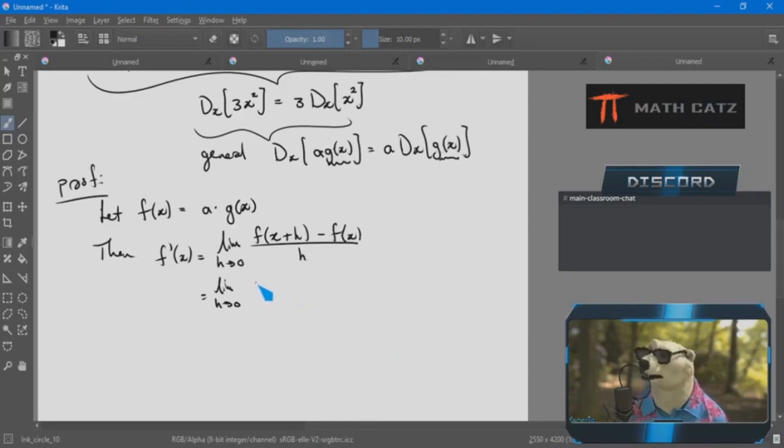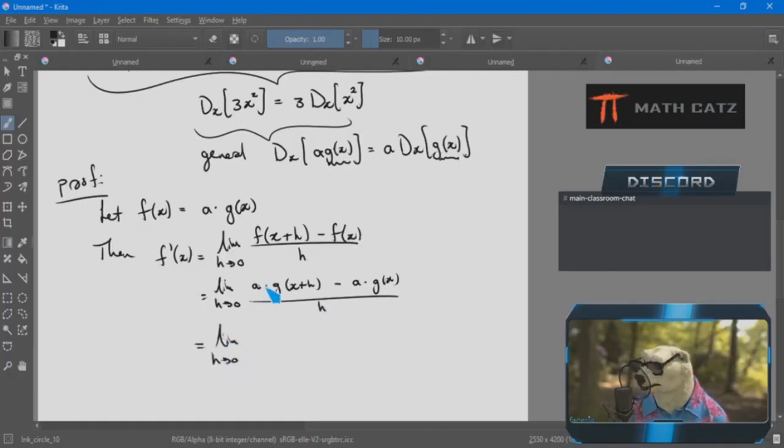Now, the function f is a number a times some other function g. So f of x plus h is a times g of x plus h. f of x is a times g of x, over h.